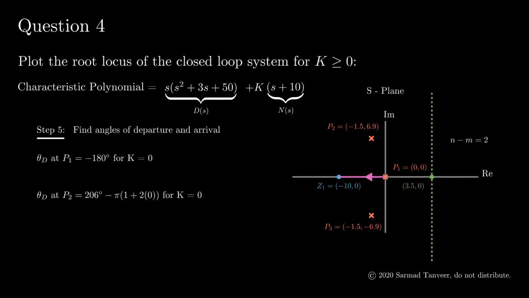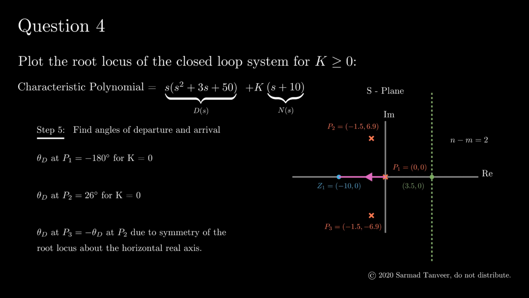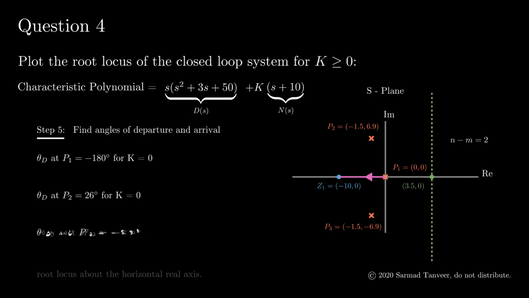The angle of departure at pole 2 is found to be 26 degrees, and the angle of departure at pole 3 is the negative of the angle of departure at pole 2 due to the symmetry of the root locus about the horizontal axis. This value is negative 26 degrees.